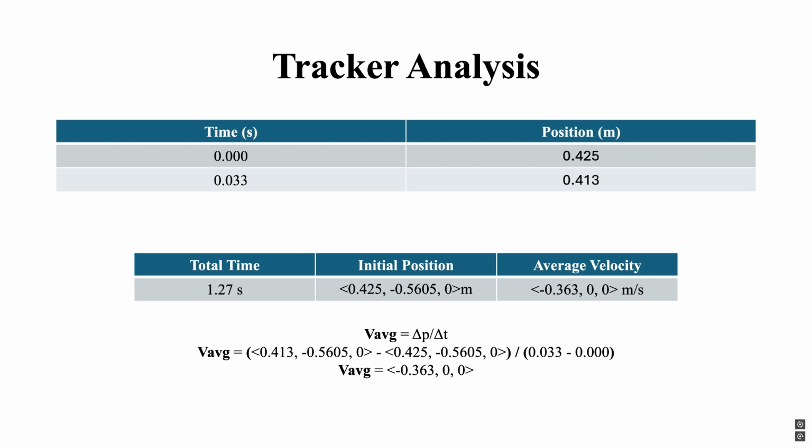The total time of the video was about 1.27 seconds, and the initial position was taken to be 0.425 in the x direction and negative 0.5605 meters in the y direction. This is due to where the graph was placed in the video, which would have changed the initial position.